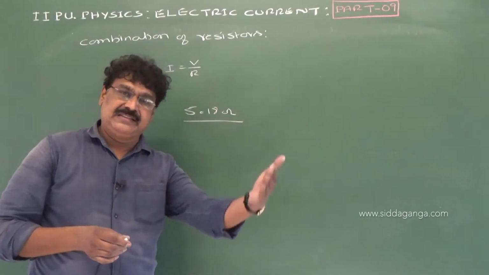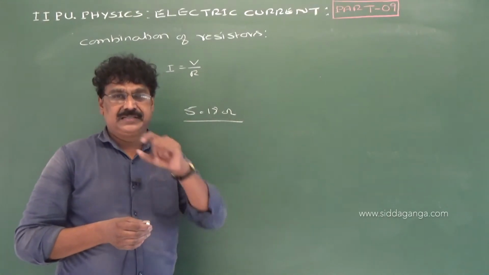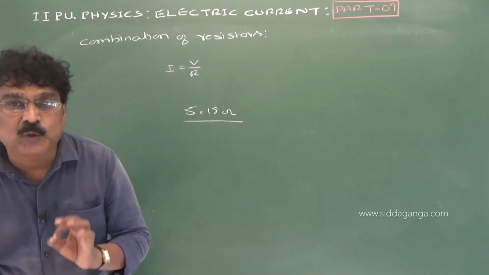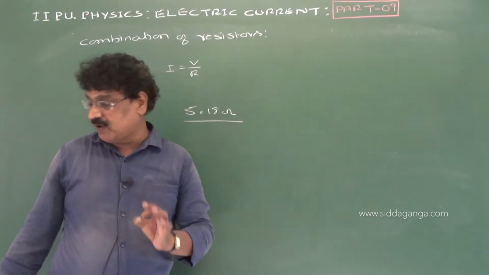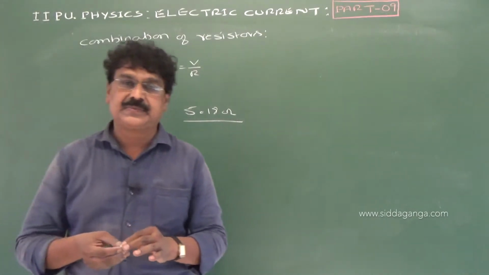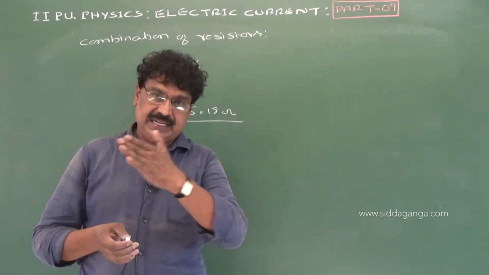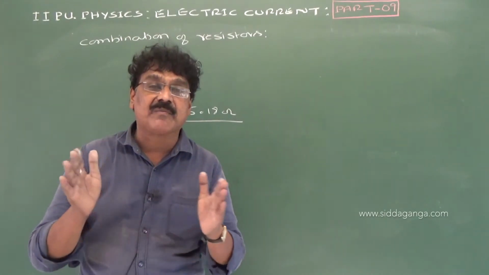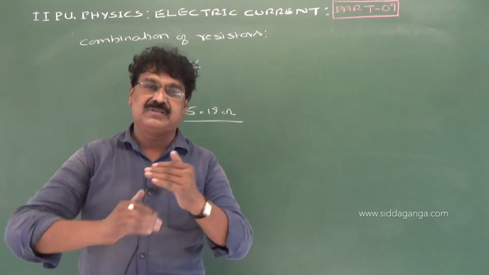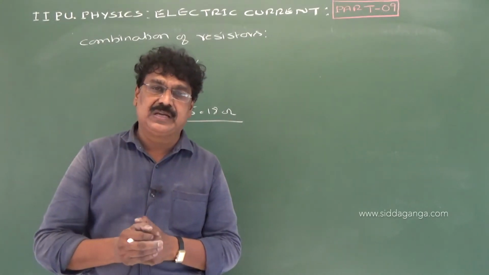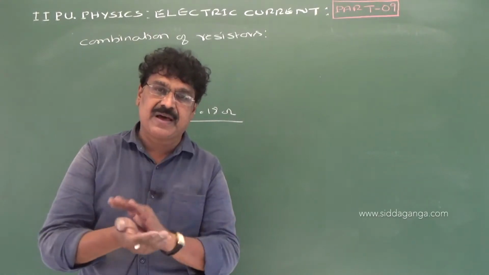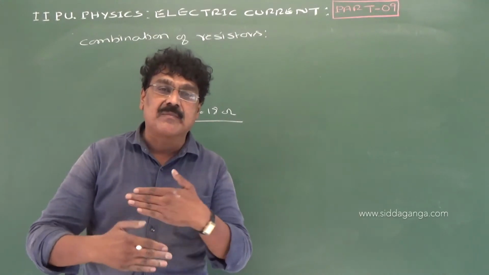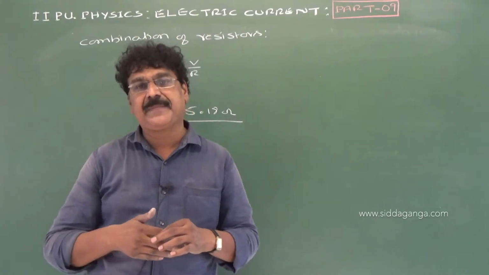Now you might have seen the same thing in capacitors, series combination, parallel combination. Here again there are two basic combinations of resistors. One is a series combination of resistor, another one is parallel combination of resistor, and of course sometimes we may use both series combination and parallel combination together, and that is called mixed grouping or mixed combination of resistor, right?